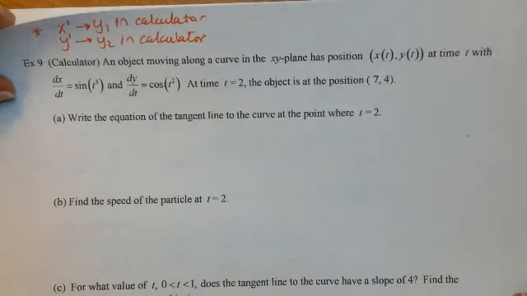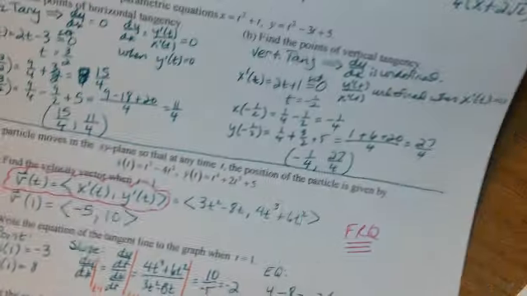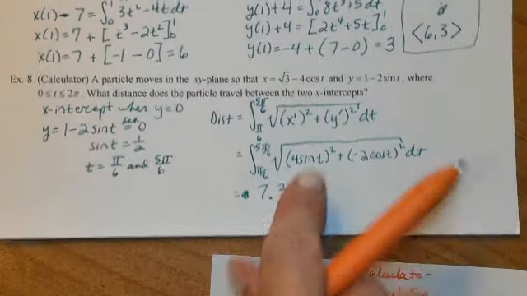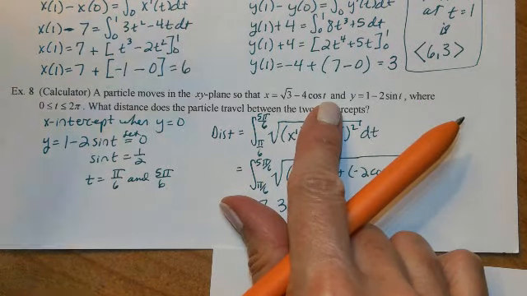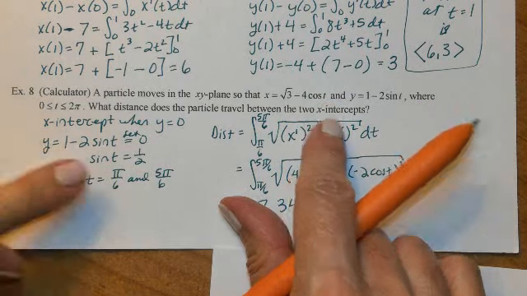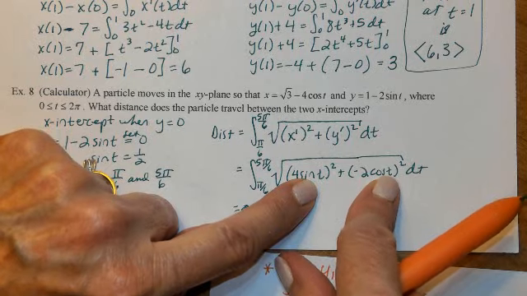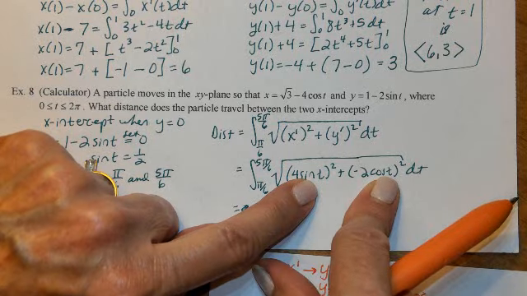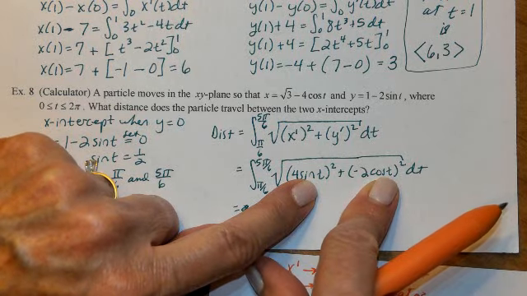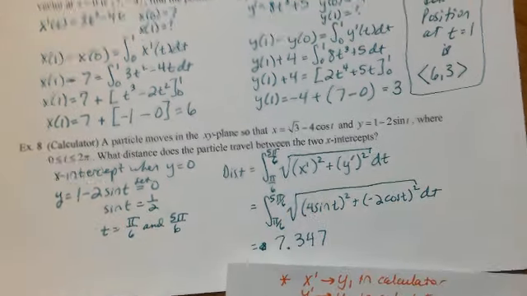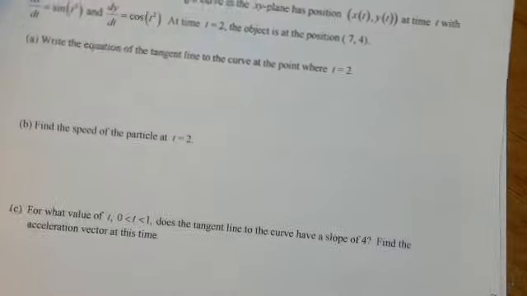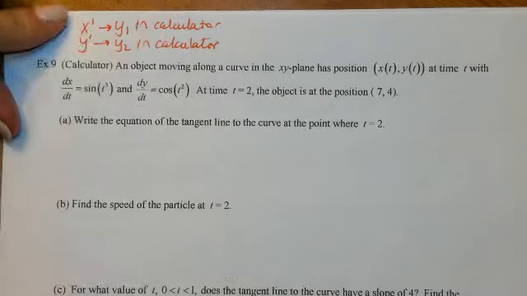Even if you weren't given it, go put it in. Like in the previous problem when we were given x and y, if this was a multi-part problem, I would have come and put x prime and y prime in for y1 and y2. It's just by far the most useful. So always do that. So let's start there.